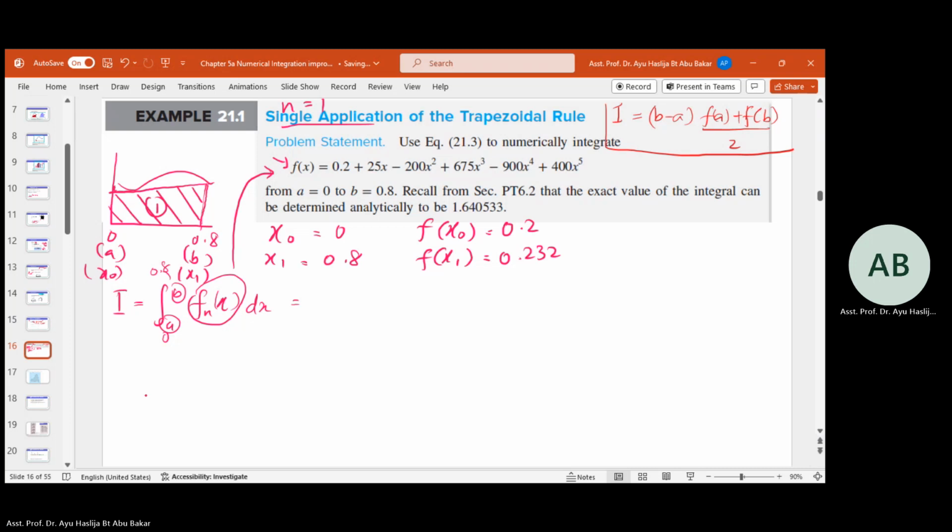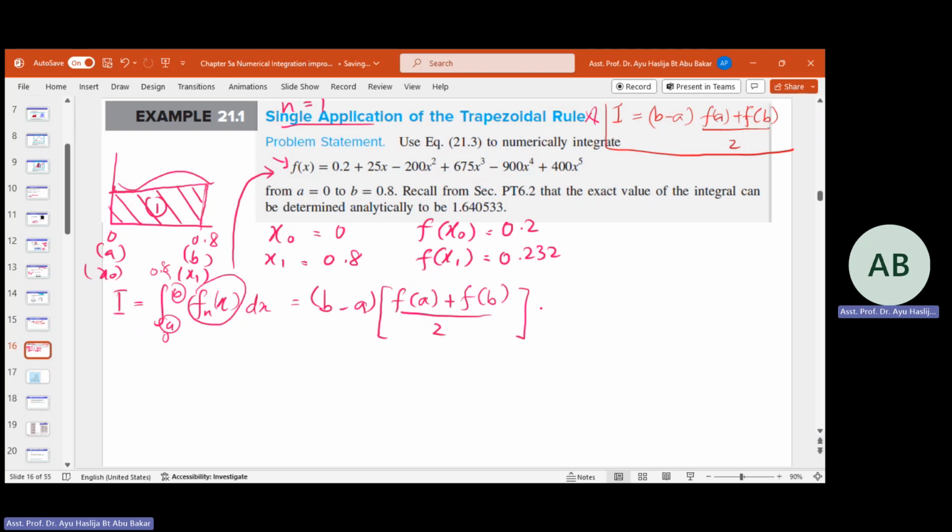Now, to integrate numerically, we know that the equation is this one: (b minus a) multiplied by (f(a) plus f(b)) over 2.